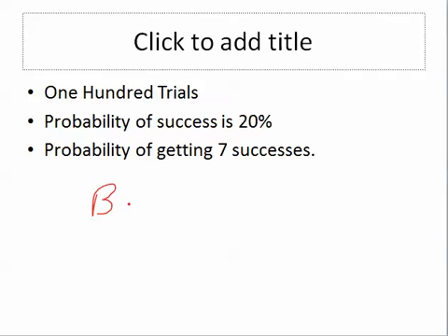You write the b of 100, that's the number of trials, then the probability, 0.2, that's the probability of success, and then you write the number of successes that you're looking for, and that is x.